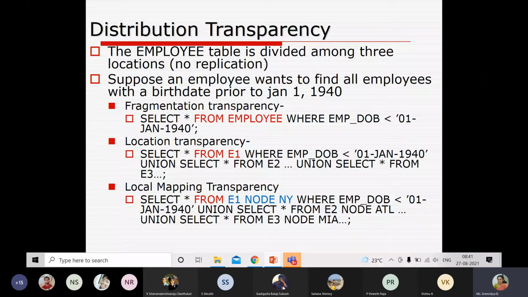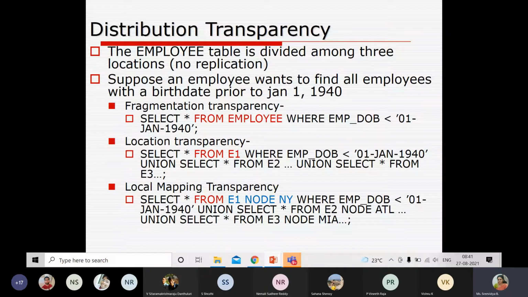On the other hand, the strongest level is fragmentation transparency, which means the user will not know whether data is stored in different locations or in different tables, or whether the employee table is a collection of multiple tables E1, E2, E3 stored at different locations N1, N2, N3. You will not come to know that if you are working with fragmentation transparency. So ideally, achieving fragmentation transparency is the best thing for a distribution system.